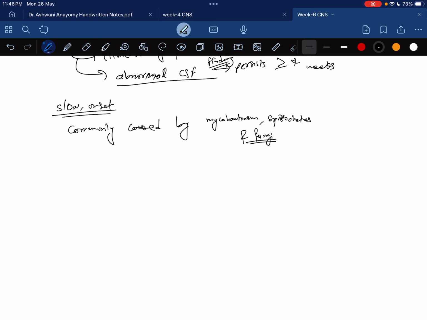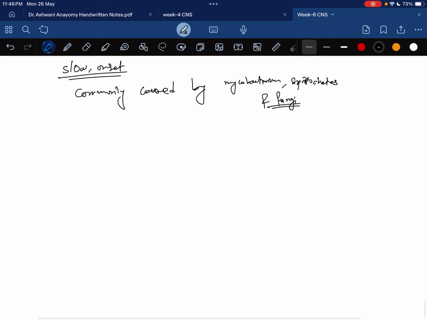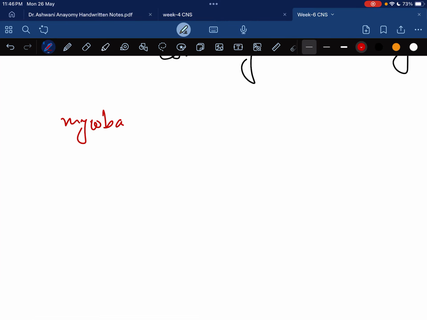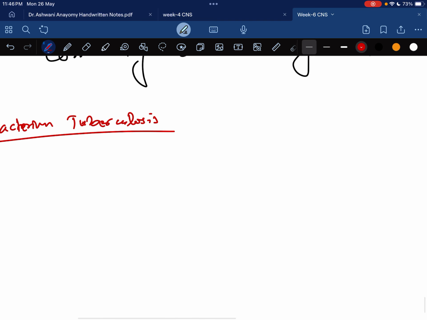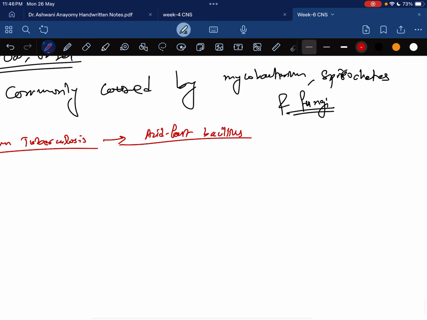Before going further, there are common pathogens, so I am going to classify them. There is Mycobacterium tuberculosis, an acid-fast bacillus.